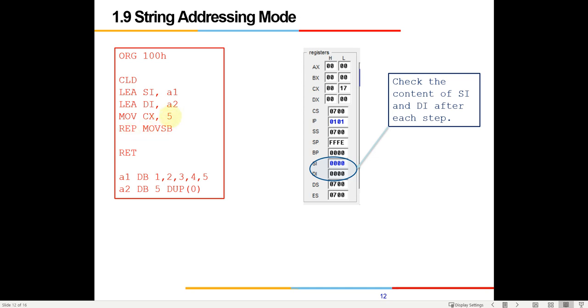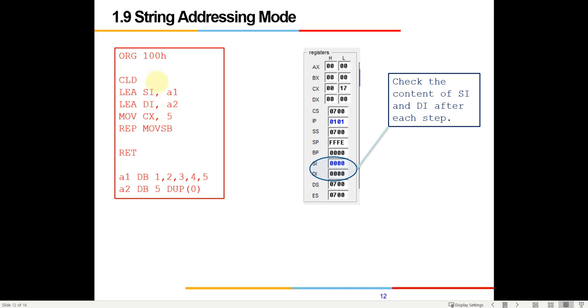Every time the counter value will change, and SI and DI will automatically increase because you have written CLD, which means the direction flag is 0. So SI and DI will increase with every repeat operation. Obviously this data 1, 2, 3, 4, 5 will now be replicated in the memory locations starting from A2.